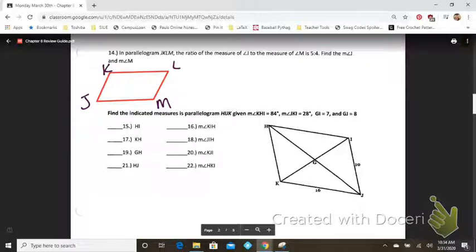If our sides are in a certain ratio, that doesn't necessarily mean that angle J has a measure of 5 and angle M has a measure of 4. It means that they need to be multiples of 5 and 4, so that if we were to put them in a ratio, it would reduce down to 5 to 4.